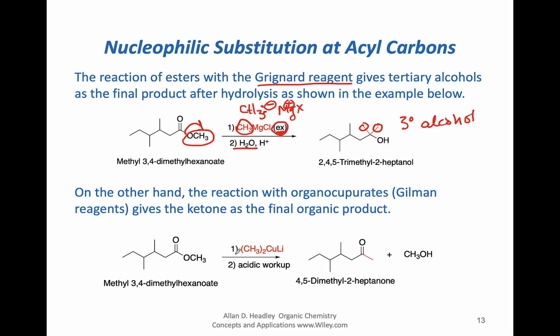Let's look at this one, however. This is the Gilman reagent. It's bonded to copper, so it is not as reactive. This is not as nucleophilic, the CH3 negative. So it will react here at the electrophilic carbon. This will leave as methanol in our acidic workup, and it will stop at the ketone.